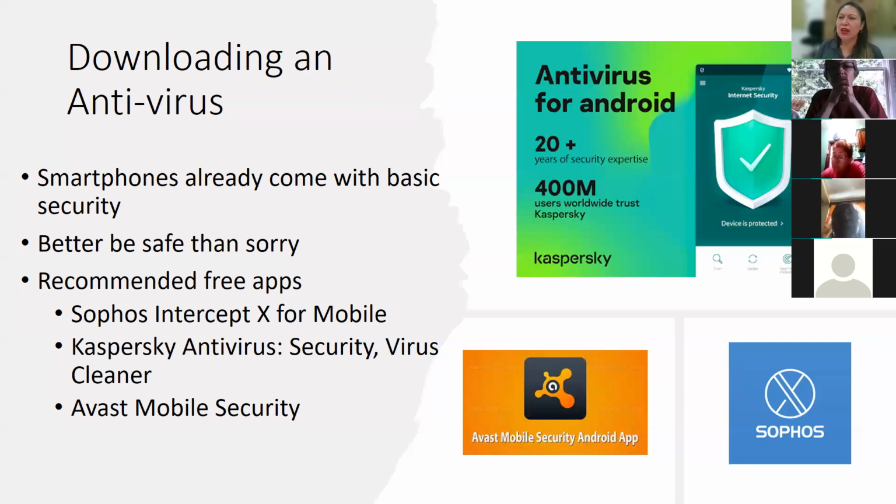Google already has the Play Protect app that has some security measures to protect your phone whenever you're downloading an app or games from your Play Store. But we also want to add that added protection to our smartphones by downloading an antivirus.